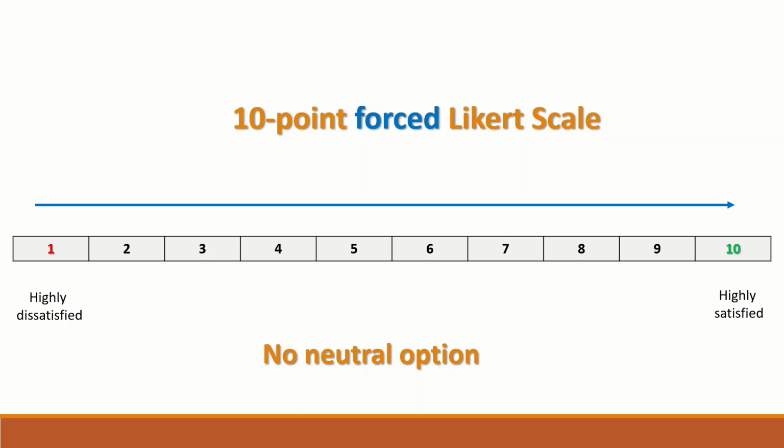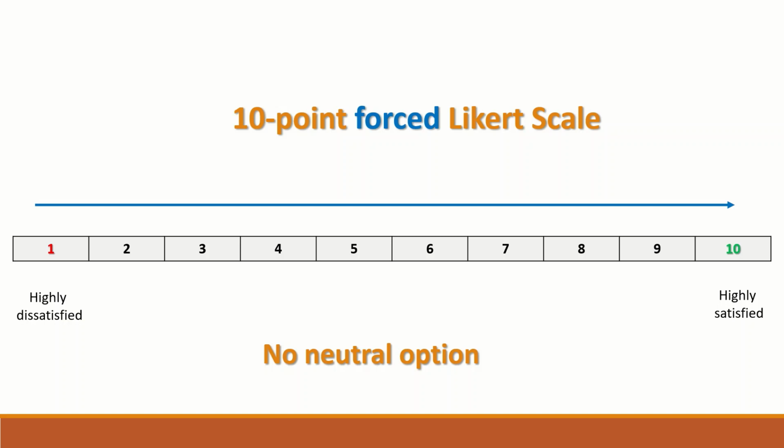So 10 selections. 1 point indicates highly dissatisfied, up to highly satisfied, which is 10, and there is no neutral option. So this is a forced Likert scale, giving the participant options to choose from 1 to 10 and place their opinion in any one of these, increasing toward 10 and decreasing toward 1.